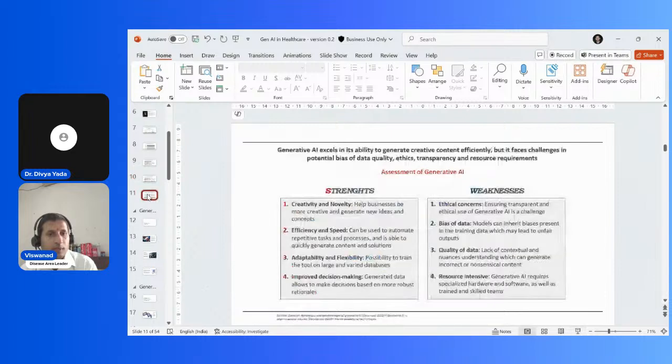Okay, so now summarizing the key strengths and weaknesses. Essentially, creativity and novelty is a huge strength, and efficiency and speed is another strength. Then the ability to adapt and the flexibility to train the tool for various data sets is also a strength, and improved decision making is equally important, right? Because we're talking about zillions of data.